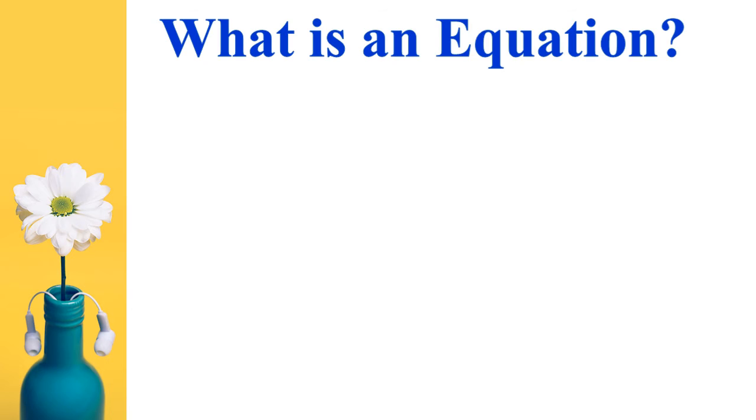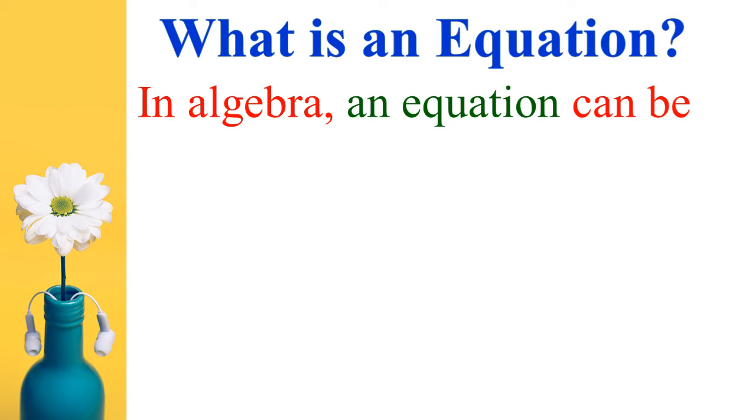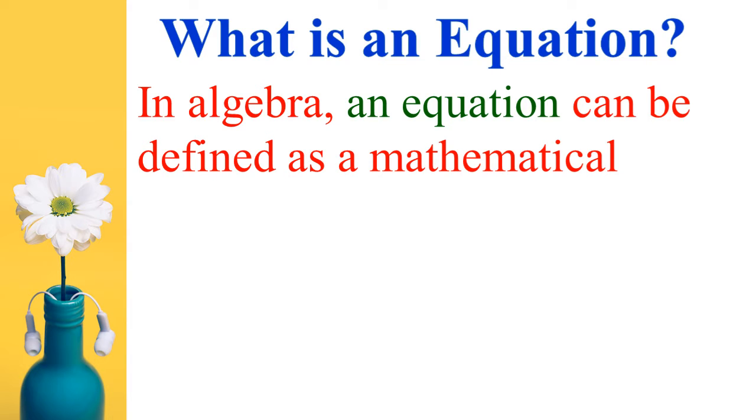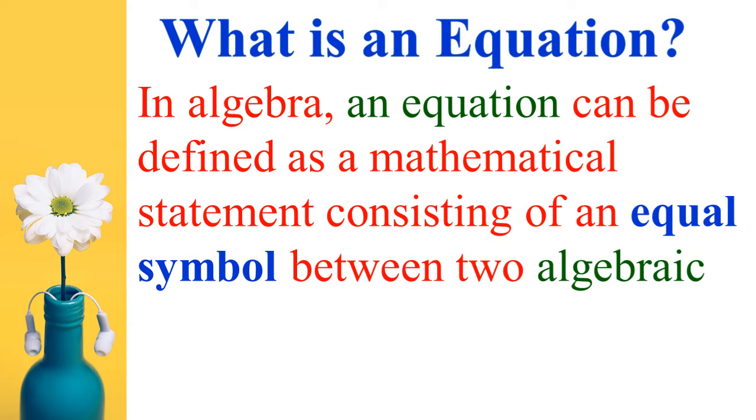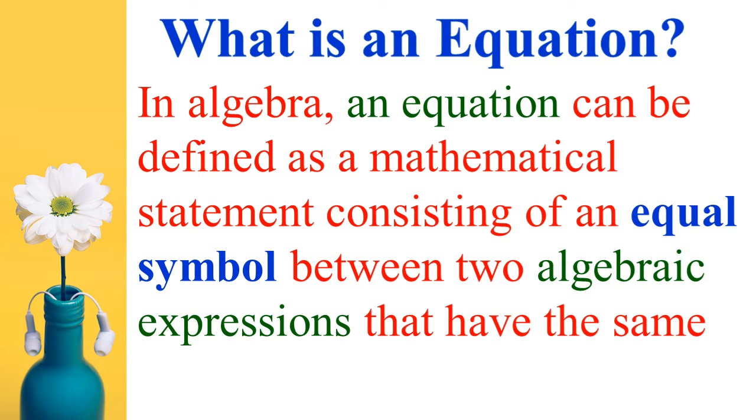Let us see what is an equation. In algebra, an equation can be defined as a mathematical statement consisting of an equal symbol between two algebraic expressions that have the same value.